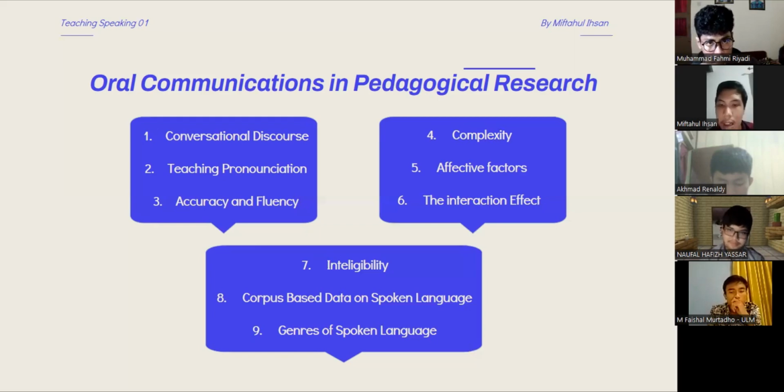The next is corpus-based data on spoken language. Intelligibility has been revolutionized by the growth of readily available corpora of spoken language.